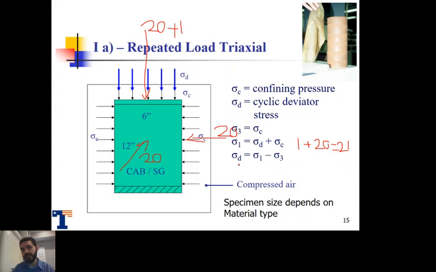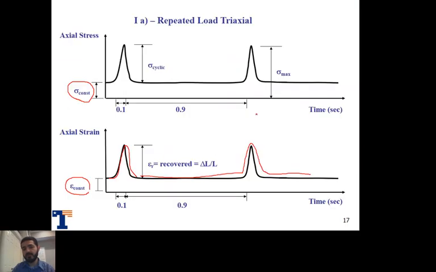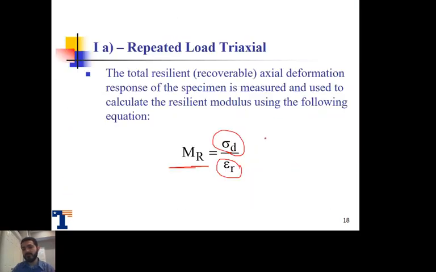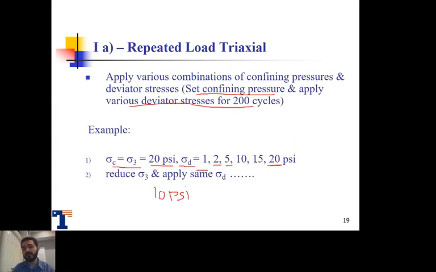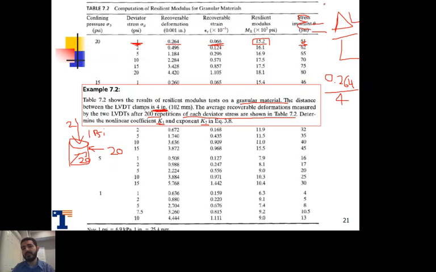Sigma d is the cyclic deviatoric stress, which in this case was 1 psi. So it's going to be equal to 1 psi over epsilon r. Epsilon r is what we calculated previously, which is this column right here.